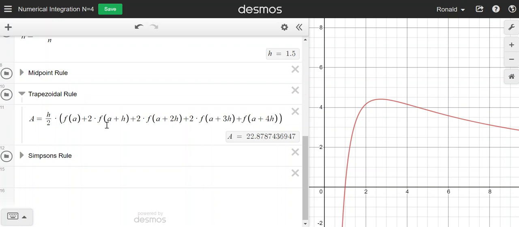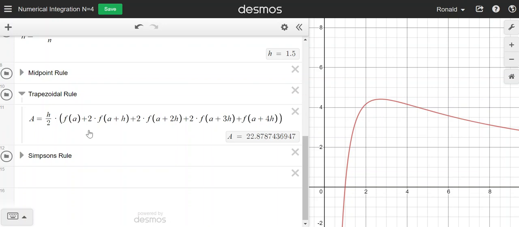That means this term is n equals 1, n equals 2, n equals 3, n equals 4. And so the only difference in each term is a plus 1h, a plus 2h, a plus 3h, a plus 4h. The next term would be f of a plus 5h, then f of a plus 6h, etc.